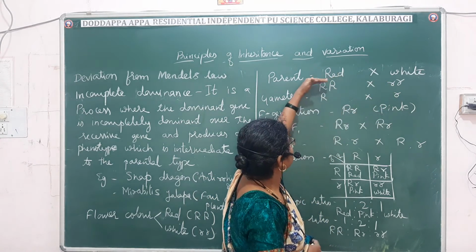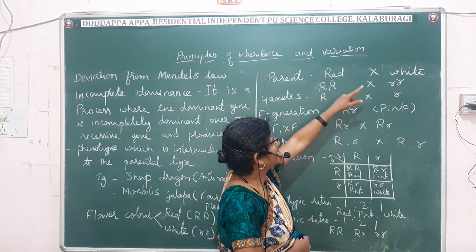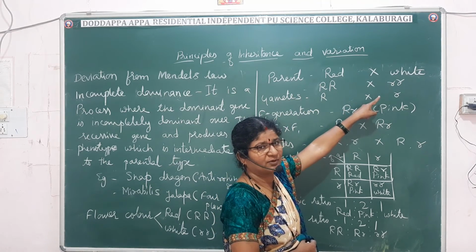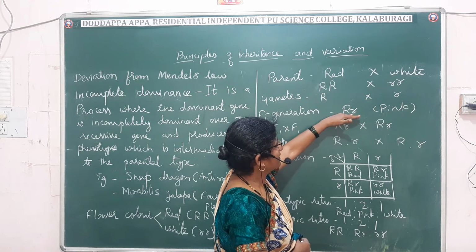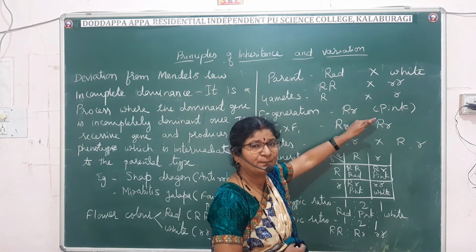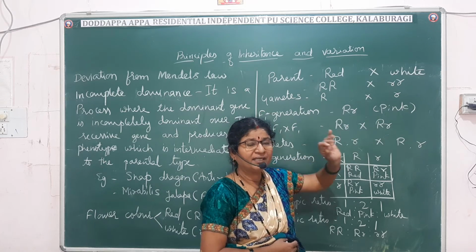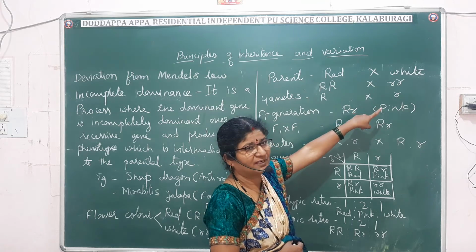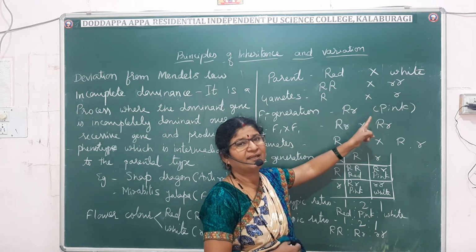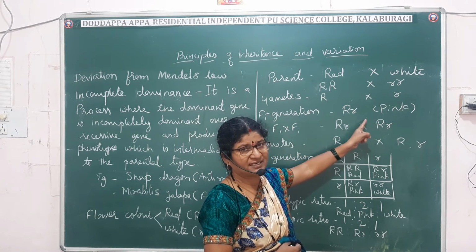Red is indicated by capital R and white by small r as usual. When these two are crossed, in the F1 generation Correns got all pink flowered plants. He did not get either of the parents, neither red nor white. An intermediate character he got in the F1 generation.